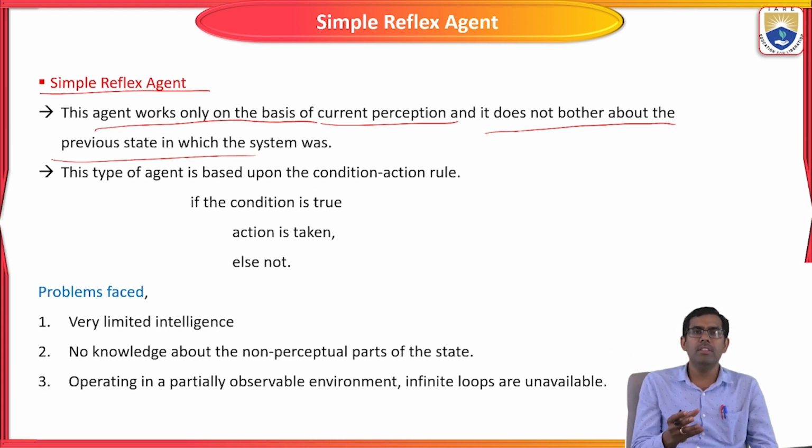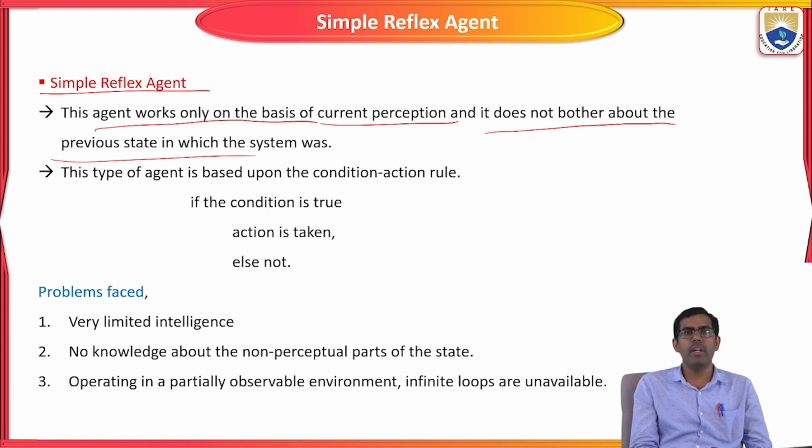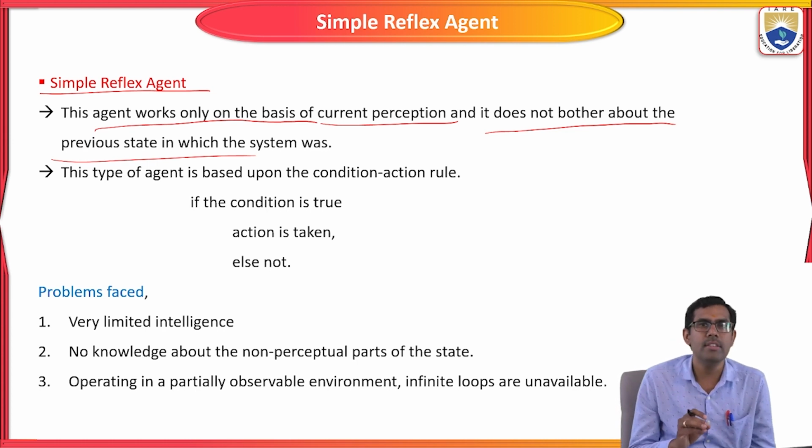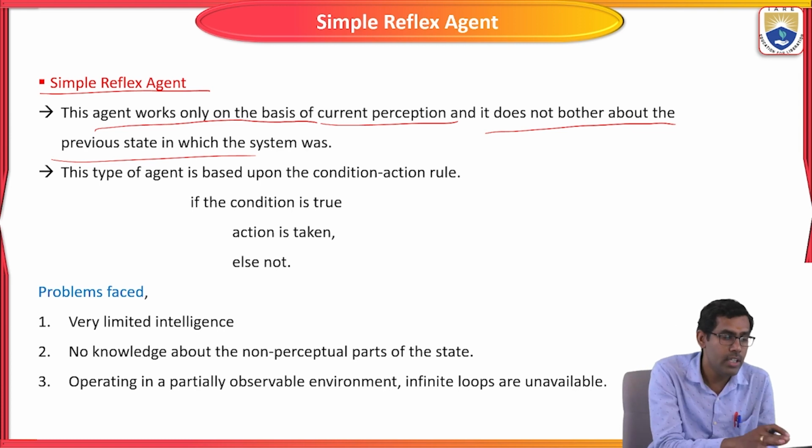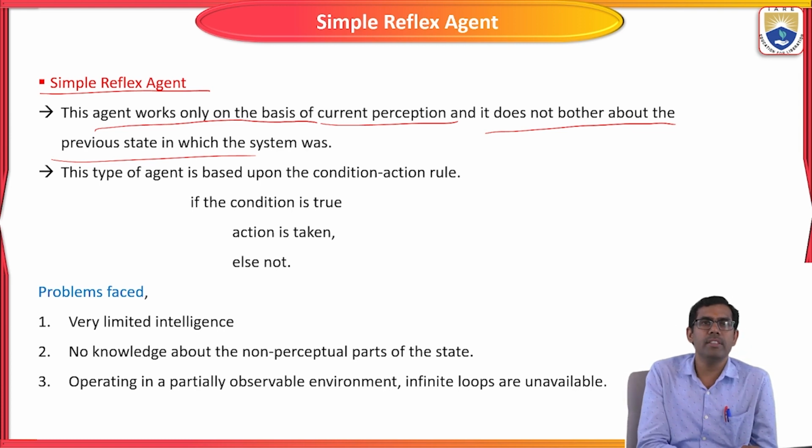So the agent will work based on your current perceptions. It will not bother about the previous environment, it will not predict or observe anything from the previous one. It will purely work based on the current perception. So this is the simple reflex, and that's called a simple reflex agent.